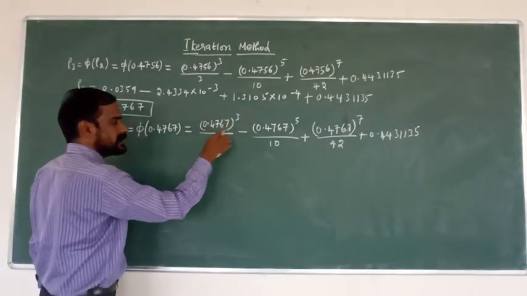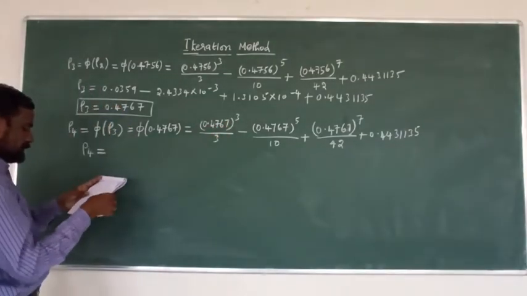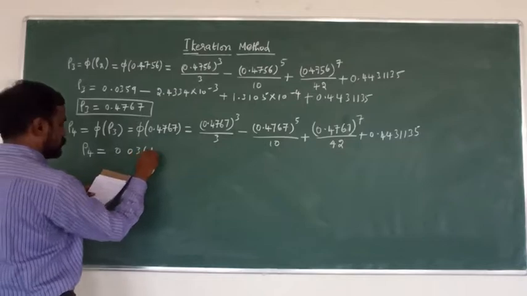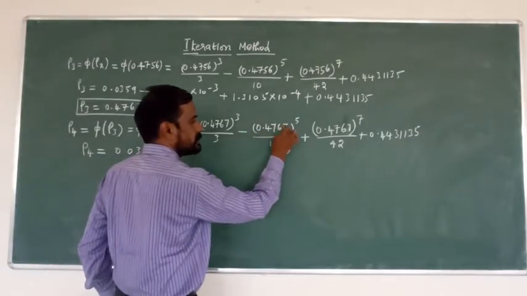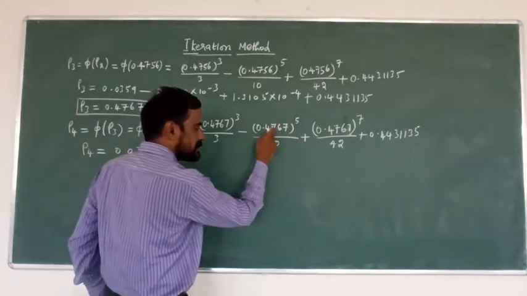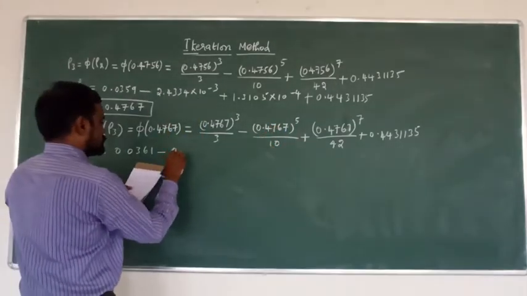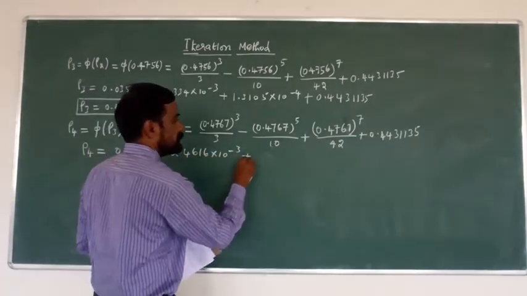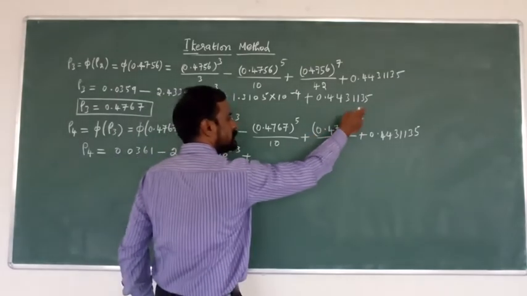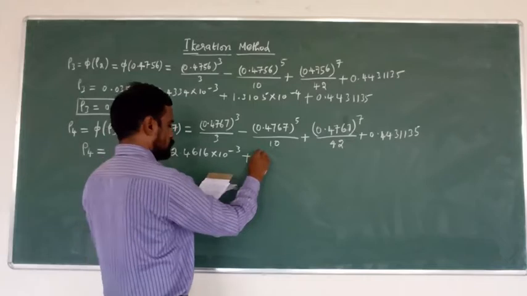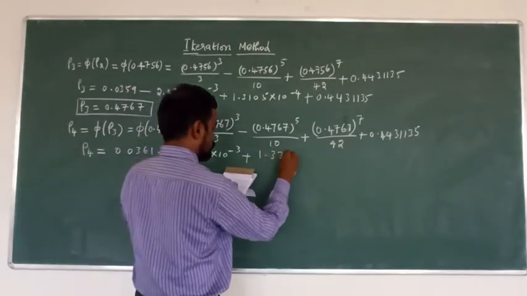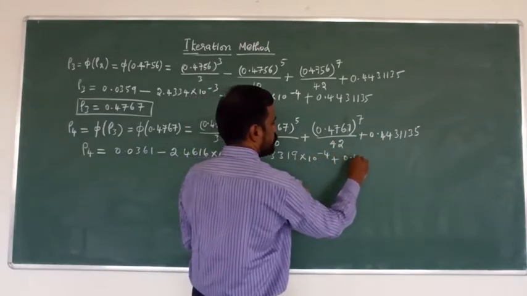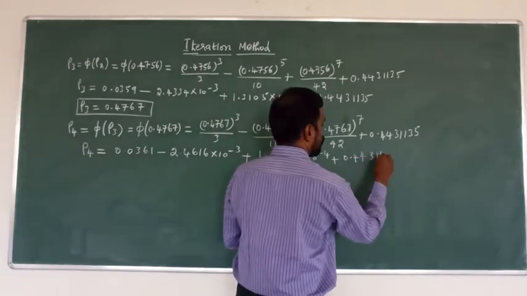Now to simplify this one, rho 4 equal to 0.4767 cube, that result divided by 3, we can get the result 0.0361 minus 0.4767 power 5, that result divided by 10, we can get the result 2.4616 into 10 to the power of minus 3 plus 0.4767 power 7, that result divided by 42, we can get the result 1.3319 into 10 to the power of minus 4 plus 0.443135.